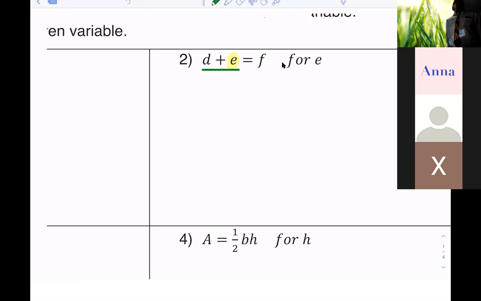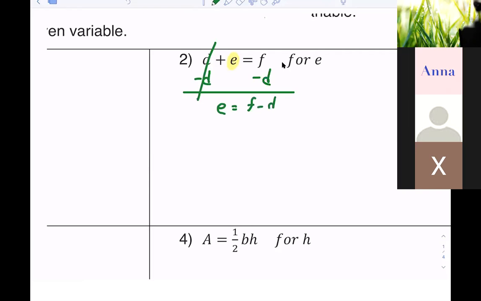So how do I undo this d? Yes, you're just subtracting d from both sides. So I'm subtracting d, subtracting d. Notice I didn't divide this time because it was attached with addition. So I'm subtracting d. All right, now the d's cancel out. So e is equal to f minus d.